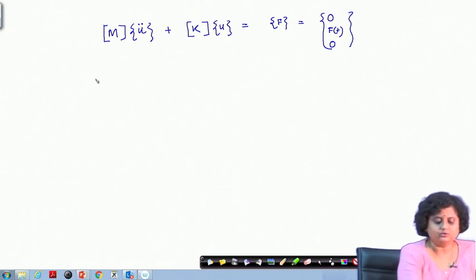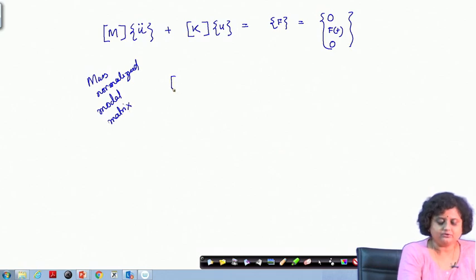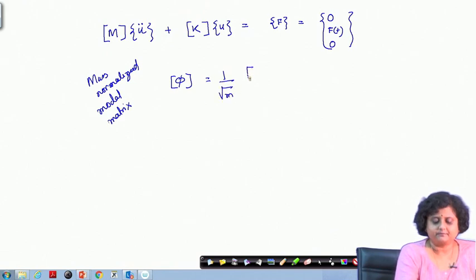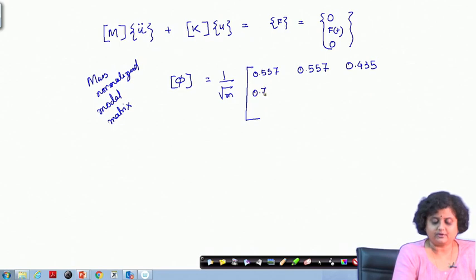Now, we already know the mass normalized modal matrix, which is phi, 1 by root over m into 0.557, 0.557, 0.435, and then 0.707, minus 0.